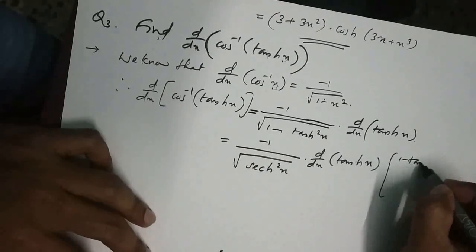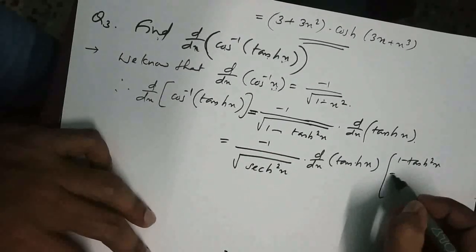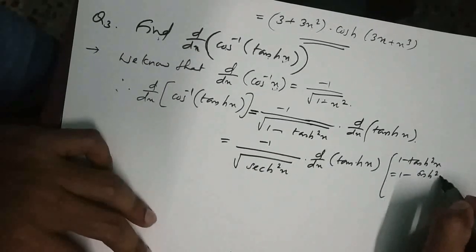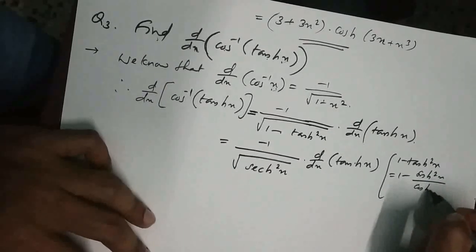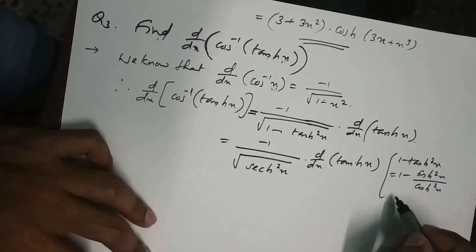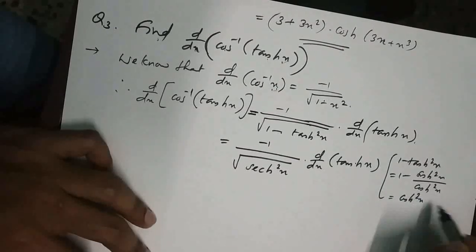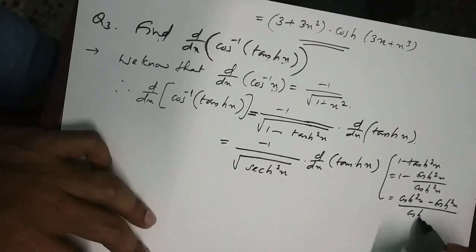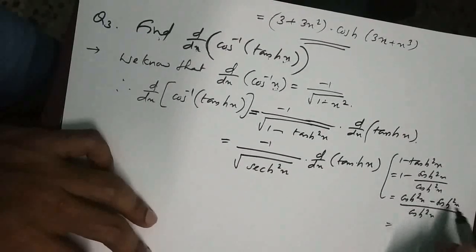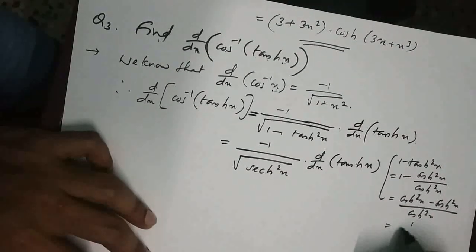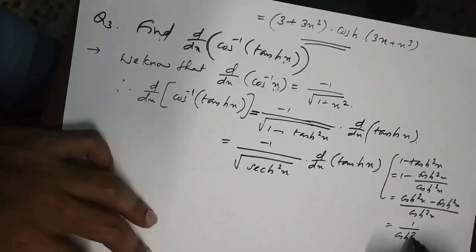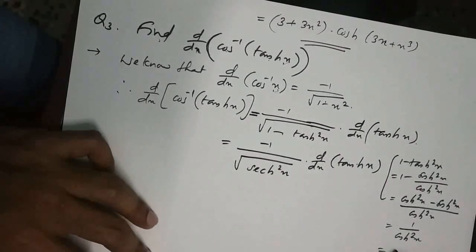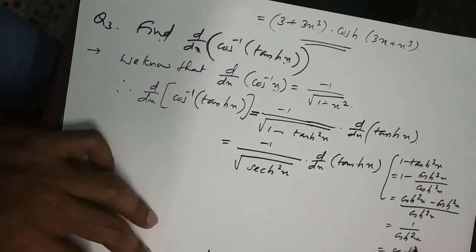If not, we can prove it like this. 1 minus tanh square x is equal to 1 minus sinh square x divided by cosh square x. So this is nothing but cosh square x minus sinh square x divided by cosh square x. This is nothing but 1 divided by cosh square x, which is sech square x, right?